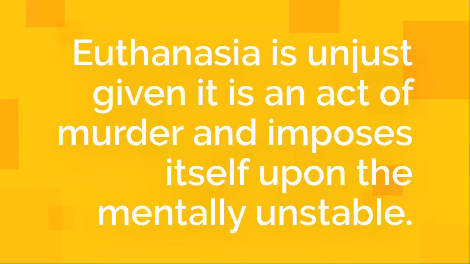So you're arguing that it's unjust, but you're also demonstrating to the reader the reasons why it's unjust. This act of murder and an imposition upon the mentally unstable. All right, once you write your thesis, remember again, you're making a point, it's defensible, and you have a line of reasoning. So you got to make sure that you have those three elements.